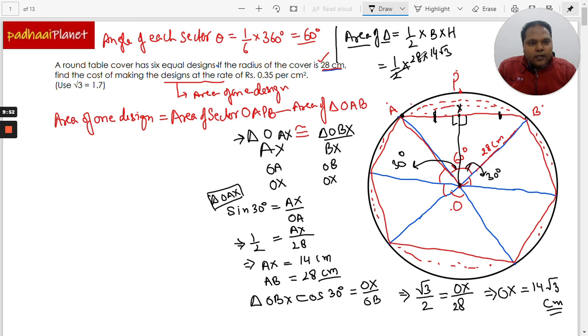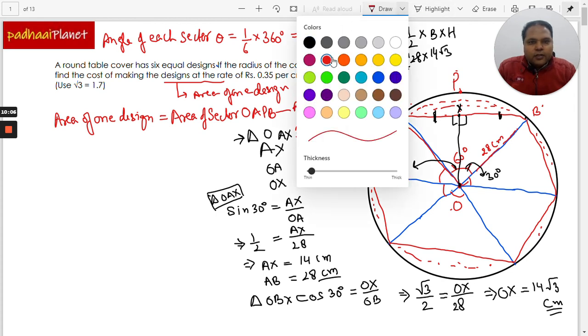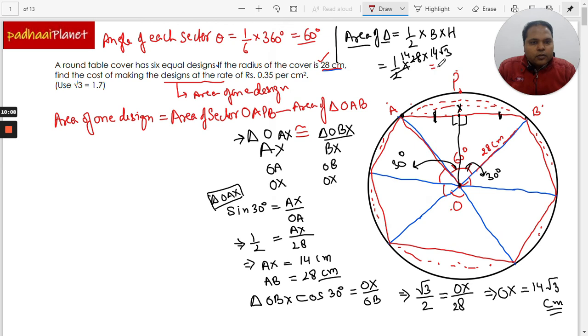So this is like 14, right? So this will finally come 196 multiplied by 1.7, that's like 333.2 centimeter square, right? So now we have got this part.